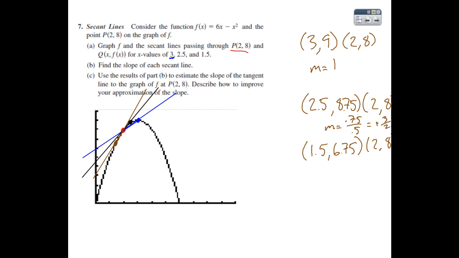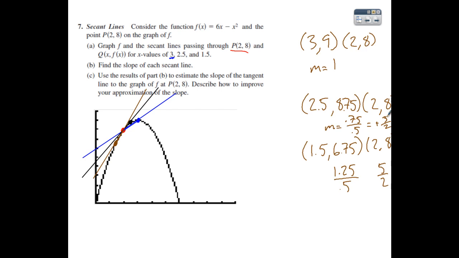All right, then the next one, I'm going to take 8 minus 6.75, that's 1.25, and 2 minus 1.5, it's 0.5, and this should be a positive slope. So this is 5 halves.